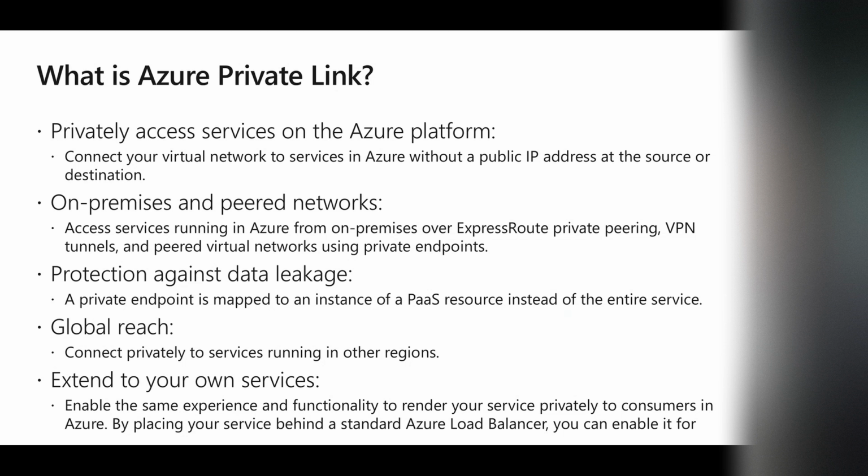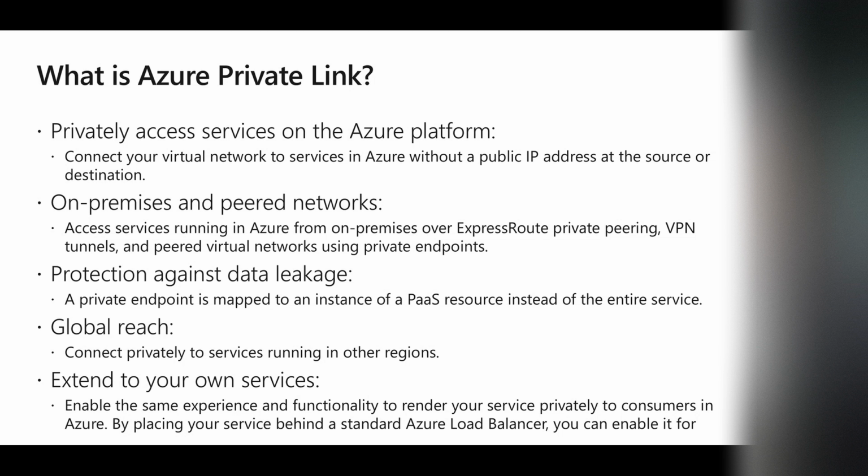You can create your own service, as long as you have a Private Link service on top of a standard load balancer. What you can do is drop a private endpoint in a VNet and access that service that way instead of going over the public access. So that's one of the key things about this particular feature.